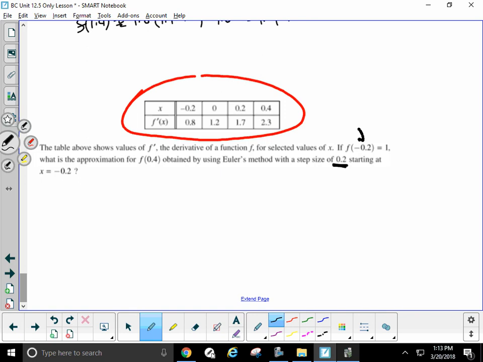You have f of negative 0.2, and you're asked to approximate f of 0.4. So you get your tangent line at negative 0.2, go to 0. Then you need a tangent line at 0, go to 0.2. And then you need a third tangent line at 0.2 to go to 0.4. Let's see if we can do that in a reasonable amount of time.